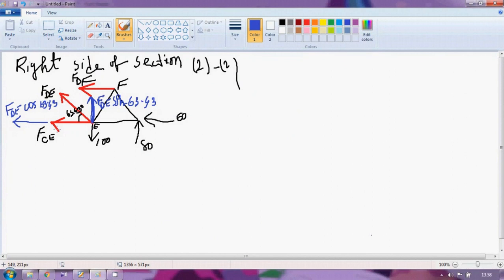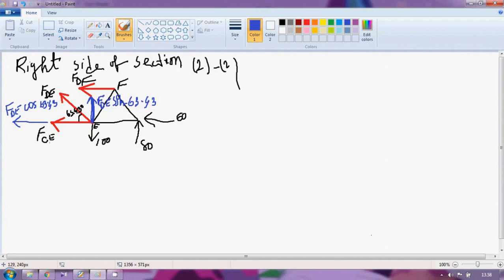Three components are unknown, correct? If I take summation Fy, then FDE will come. From summation Fx, we have two unknowns, horizontal components FDF and FCE.